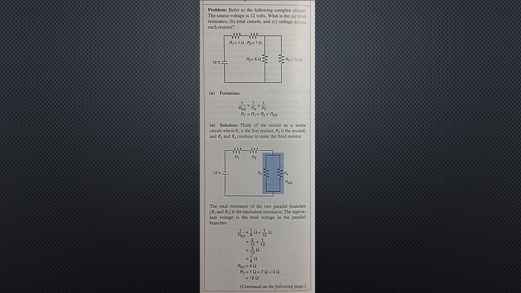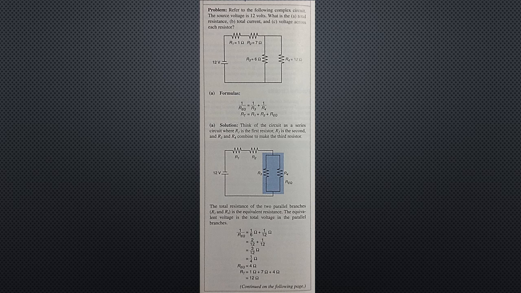The solution: think of the circuit as a series circuit where R1 is the first resistor, R2 is the second, and R3 and R4 combine to make the third resistor. You can see this in the middle of the screen, shaded in blue. The total resistance of the two parallel branches, R3 and R4, is the equivalent resistance.